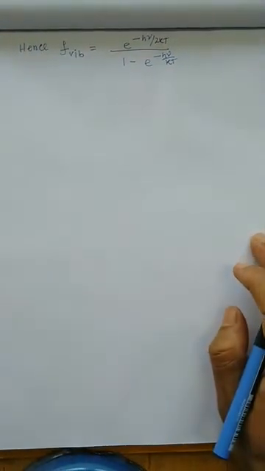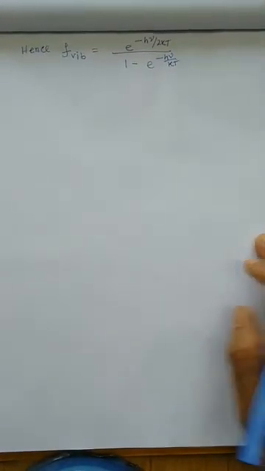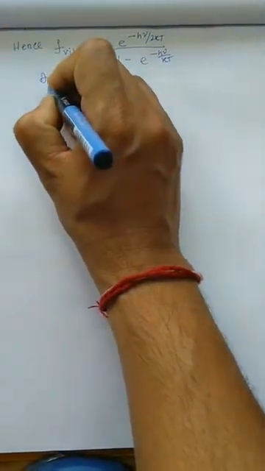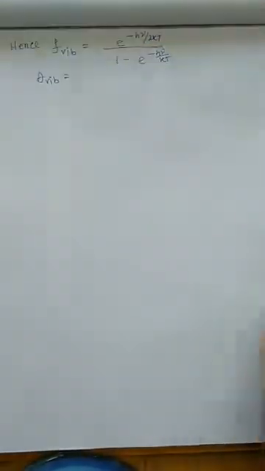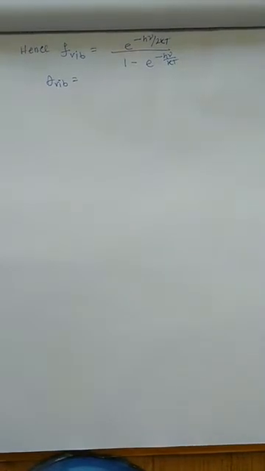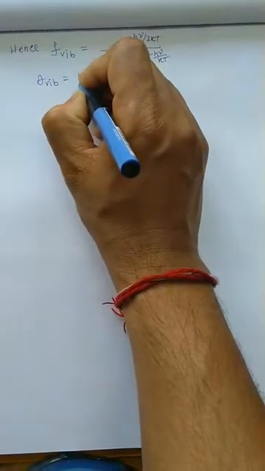If we define a new quantity, theta vibrational, what does it mean? It is basically the characteristic vibrational temperature of the oscillator, and I can represent this quantity as h nu by k.